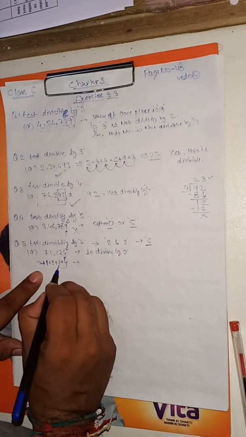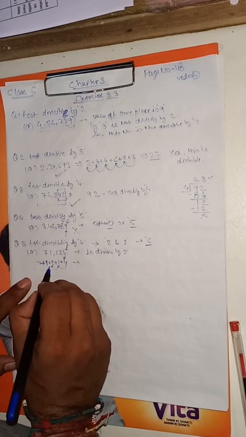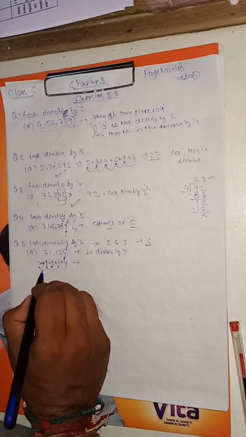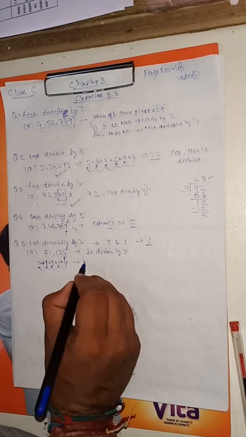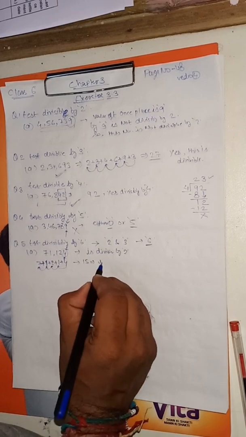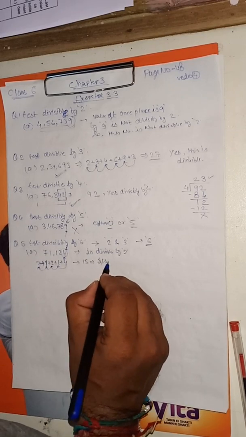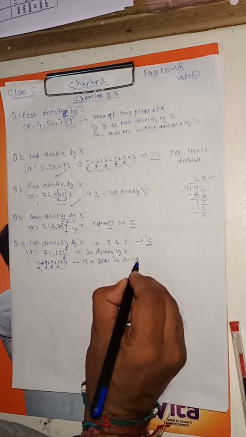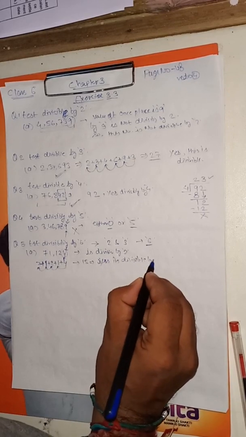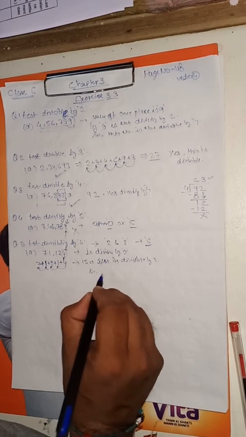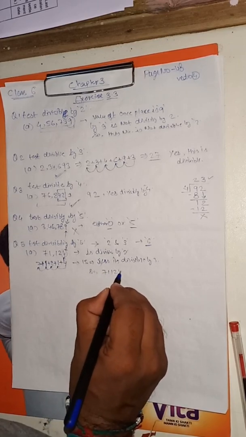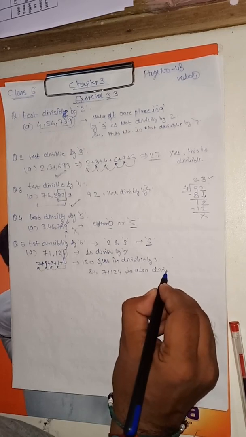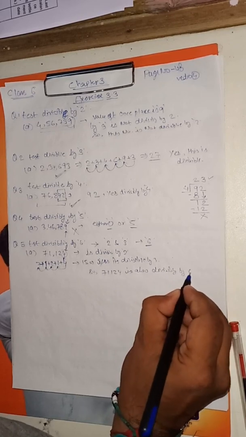What will we get? 4 plus 1 is 5, 5 plus 2 is 7, 7 plus 1 is 8, 8 plus 7 is 15. Is 15 divisible by 3? Yes, 15 is divisible by 3. So this 71124 is also divisible by 6.